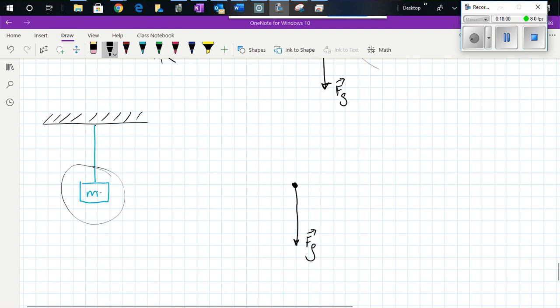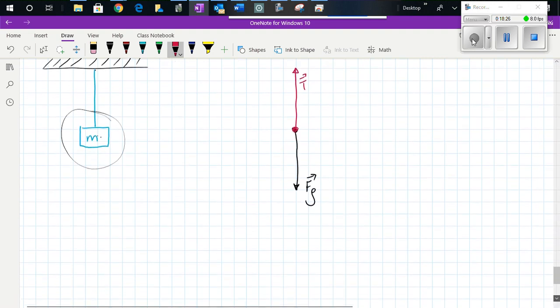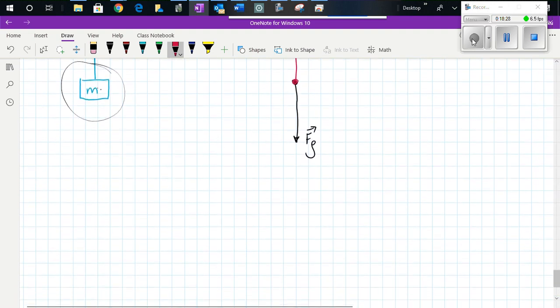Tension force is a force that starts at the object and goes along the string. And since the string is up, then tension will be up as well. And those are the only two forces that the object is experiencing. Is this clear, guys?